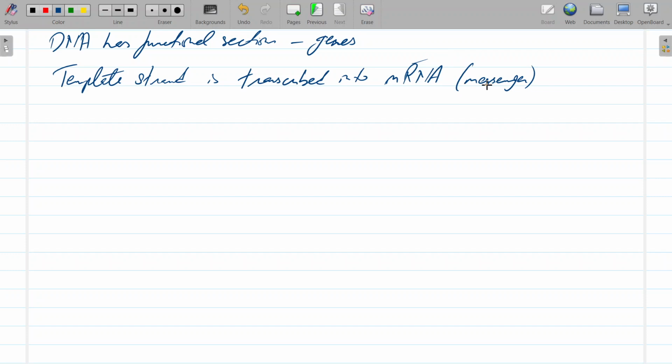One difference is that it has a ribose sugar instead of a deoxyribose, as we talked about earlier. Secondly, the nucleotide bases are A, U, G, and C. It doesn't have a thymine, it has a uracil instead. We just mentioned that.